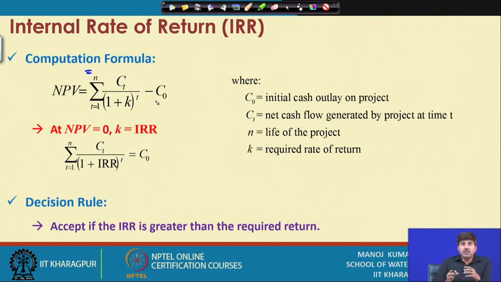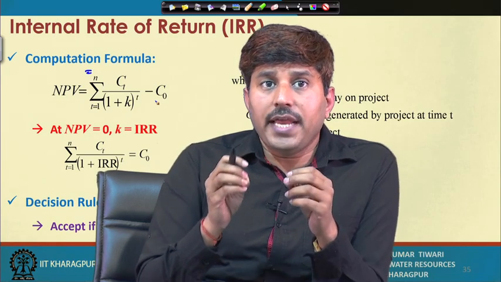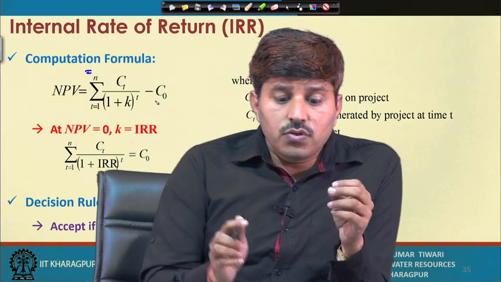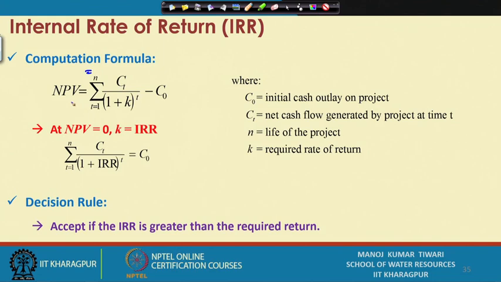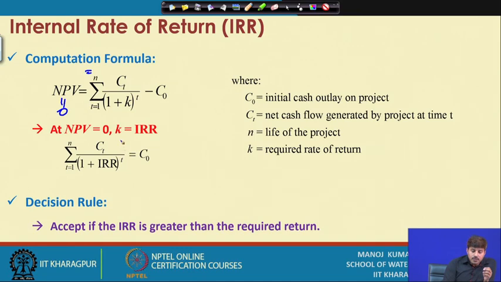By definition, the internal rate of return is the rate at which NPV turns 0. That means if we make this NPV equal to 0, the net discounted cash flow will be equal to the initial outlay.